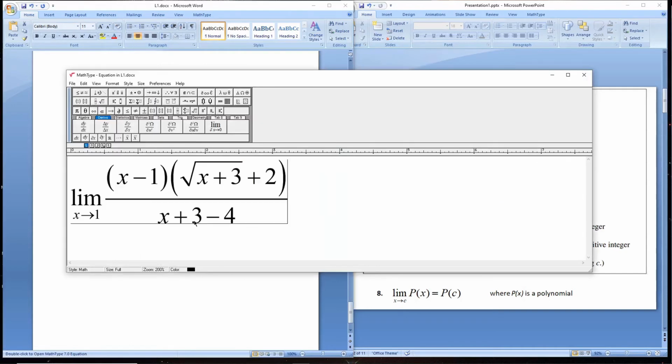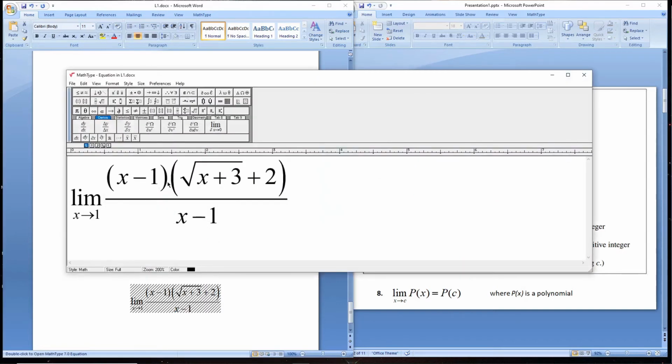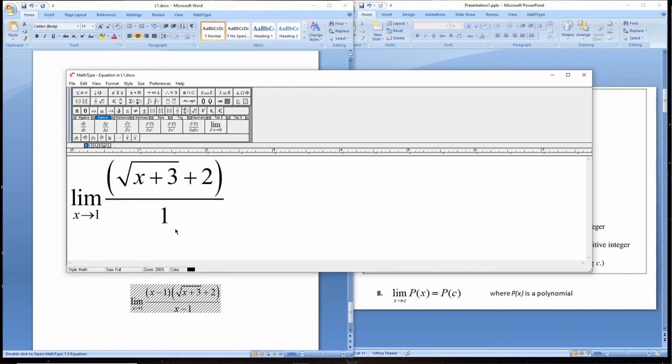And real quick here, 3 minus 4 is minus 1. And now notice the x minus 1s cancel. And again, that's precisely the reason why we don't want to distribute, so that we can get that cancellation to occur. So these x minus 1s will cancel. And of course, division by 1 is redundant too, so I'll just get rid of it all.